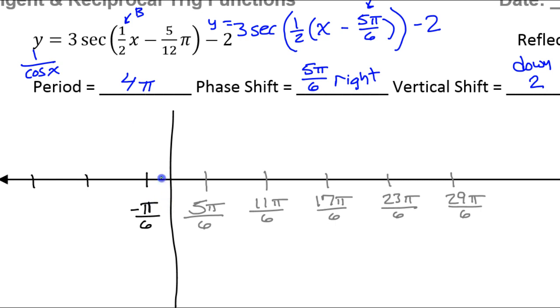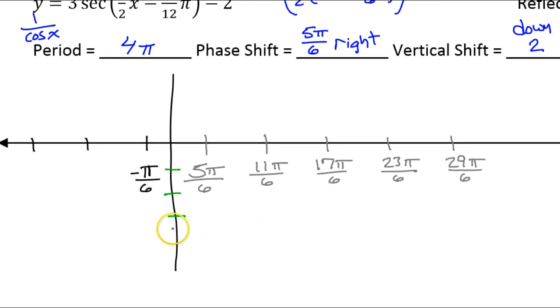And I have an amplitude of 3, so that's a total of 5, so I need to leave myself space. So 1, 2, 3, 4, 5. Okay, so this is -1, -2, -3, -4, and -5.